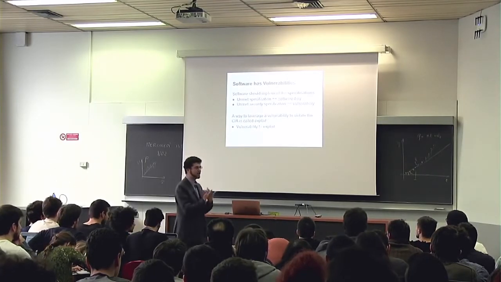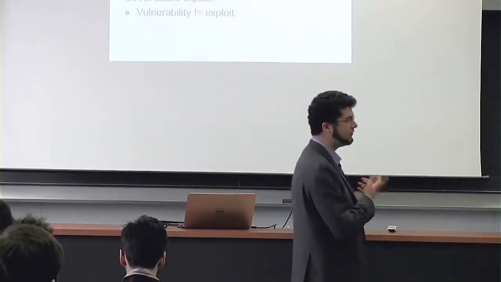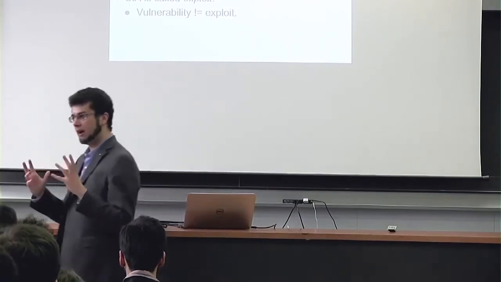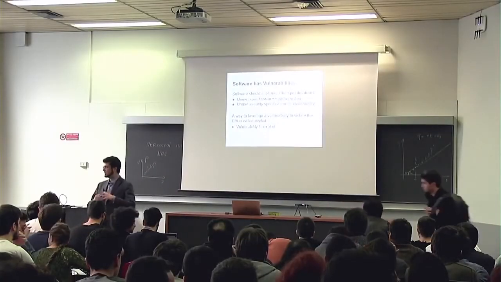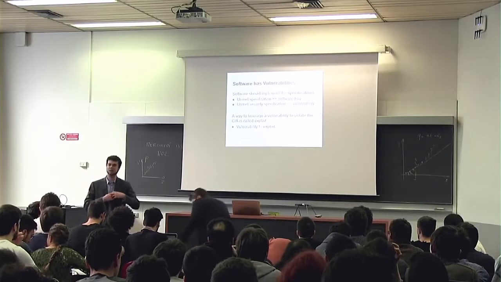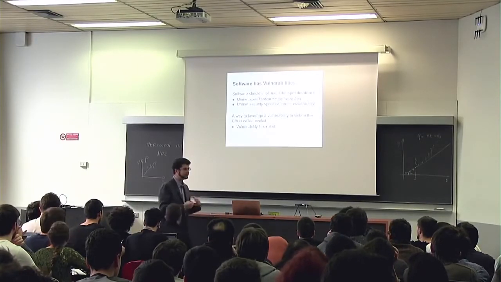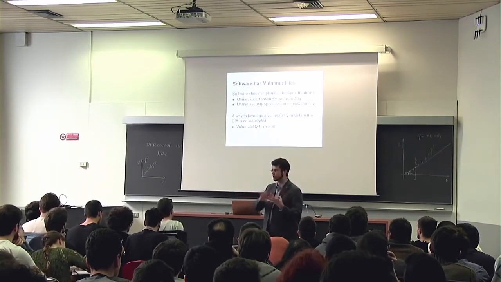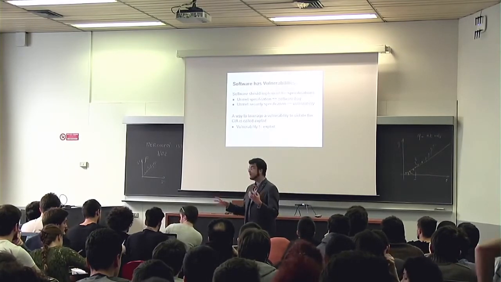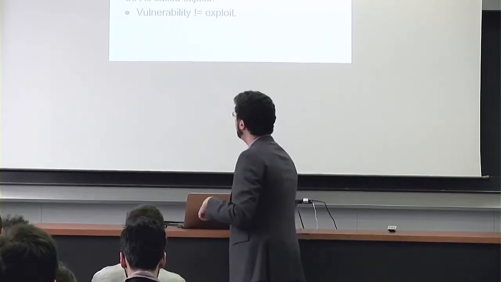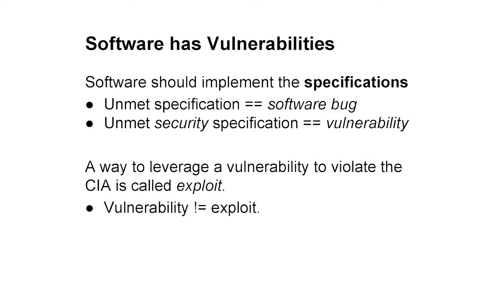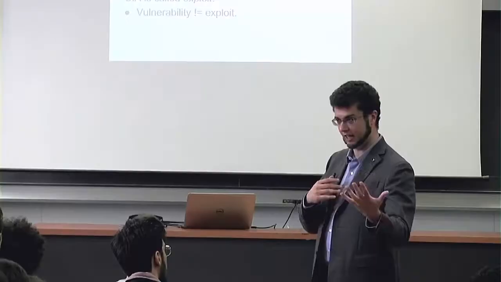We have seen a more general definition of vulnerability: defects in protection systems that allow someone, a threat agent, to execute a threat and to actually violate the constraints of confidentiality, integrity, and availability. That's our general definition of a vulnerability. In particular, in software, a vulnerability turns out to be a bug that has a reflex on confidentiality, integrity, and or availability of the software.